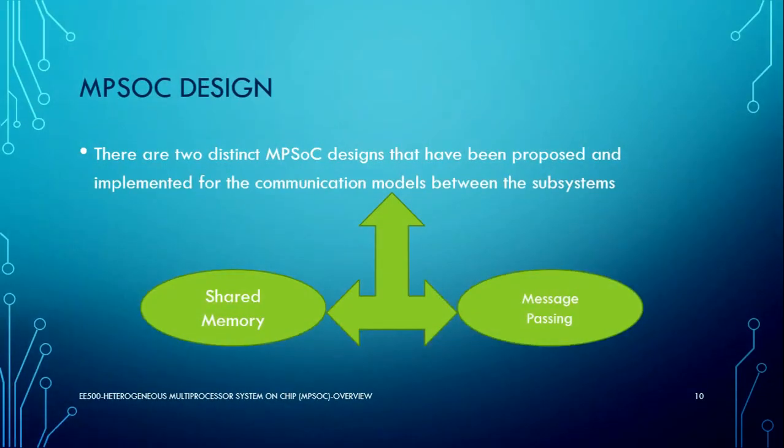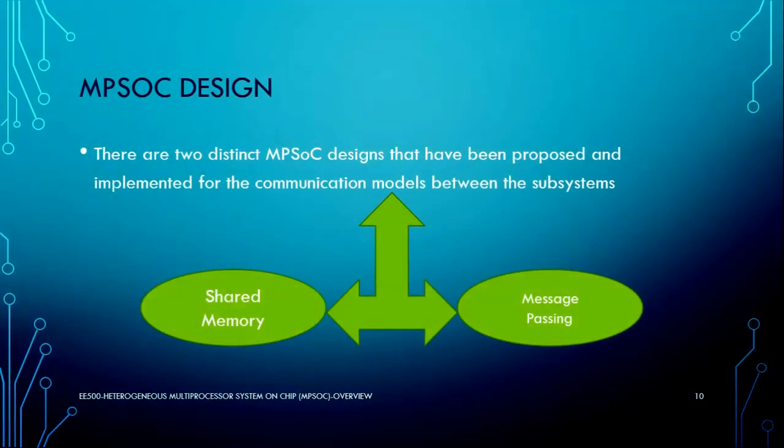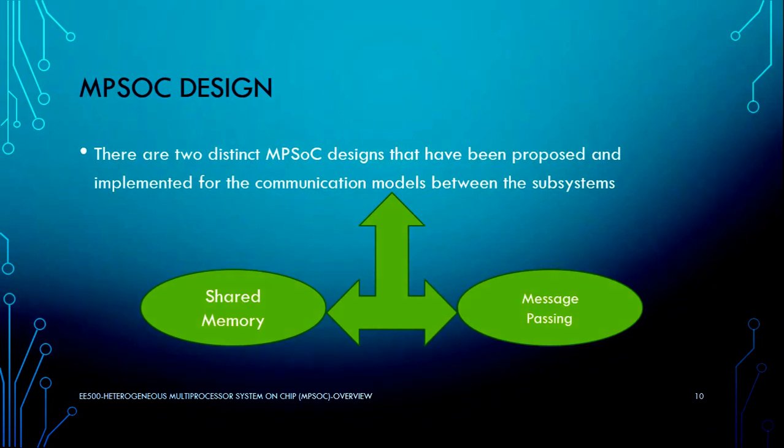Moving further into the design of MPSoC, the MPSoC can be of two types. Either it can be shared memory communication or message passing communication. Shared memory communication is communication between different CPUs which is made through a global shared memory line. A CPU can read or write a word of its memory by just executing load and store instructions.